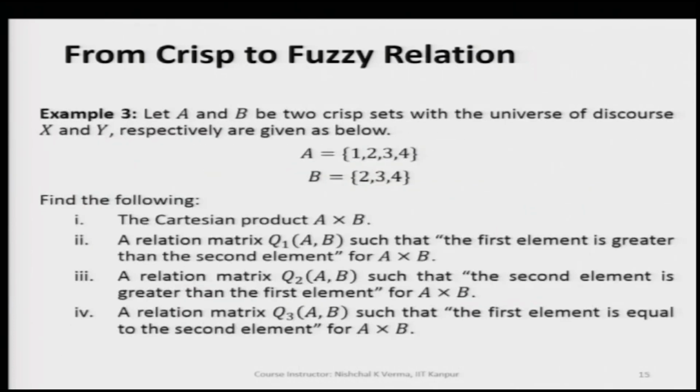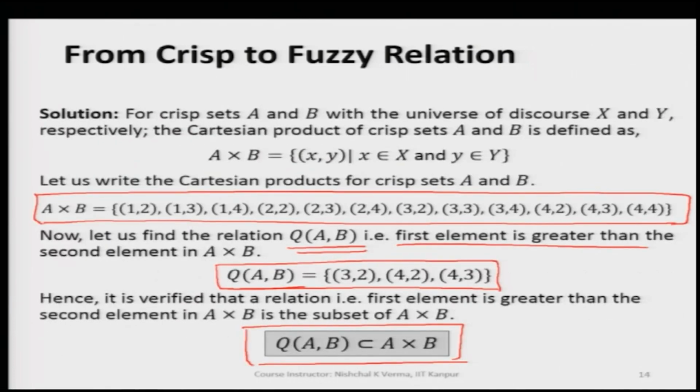We can write that the relation set is always a subset of the Cartesian product, or in other words, the relation set between A and B, in this case, is a subset of the Cartesian product of sets A and B.